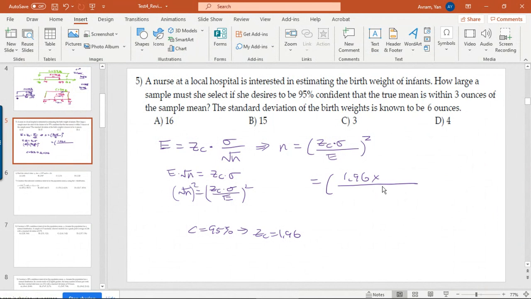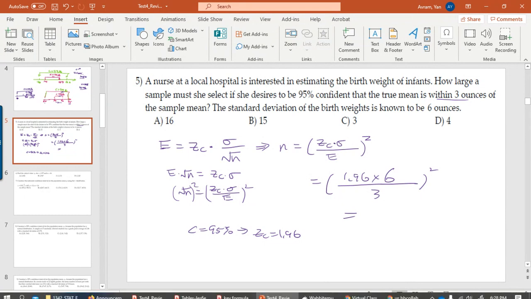And this, the standard deviation of the birth weight is known to be 6 ounces, so this will be 6. Okay, and then the error within 3 ounces. All right, so don't forget, you will need to do the square.